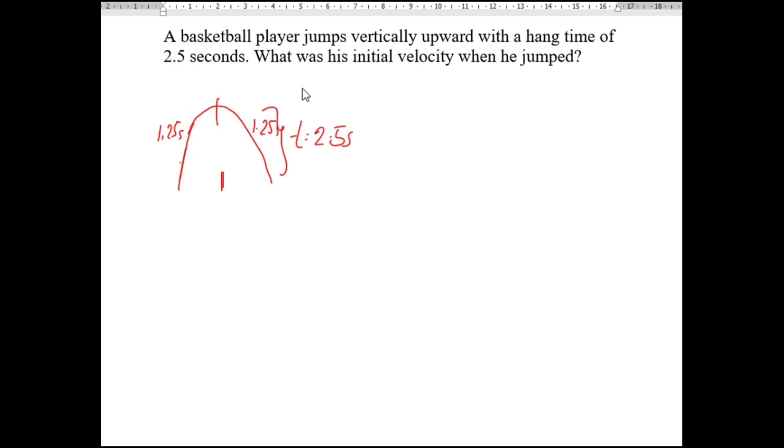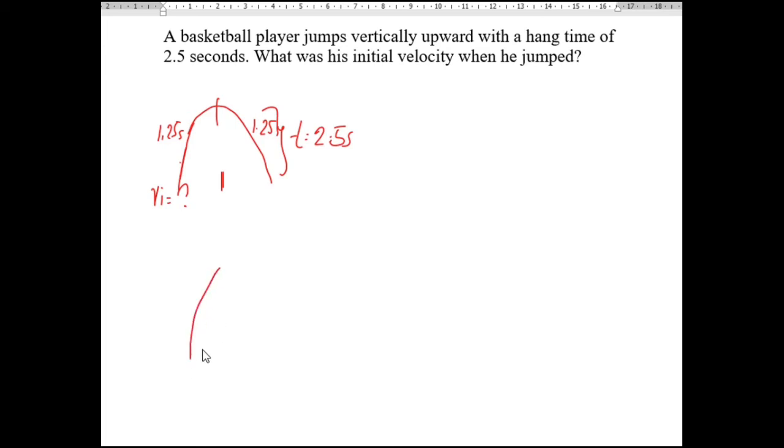The question is, what was his initial velocity when he jumped? So we are looking for Vi here. Okay? So whenever we have this problem, for us to be able to analyze it, let's divide the problem into two parts. One is upward and then the other is downward. Since we are looking for the initial velocity, then let's look at itong side, yung pataas, the upward motion. So let's analyze that.